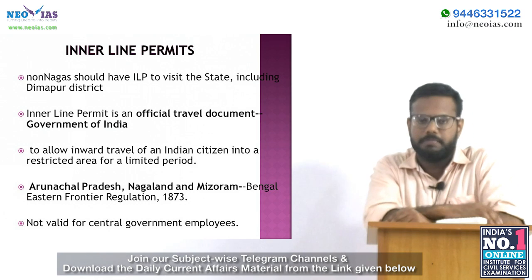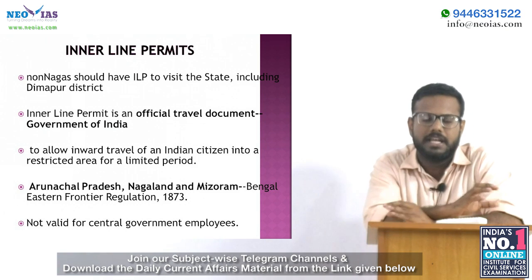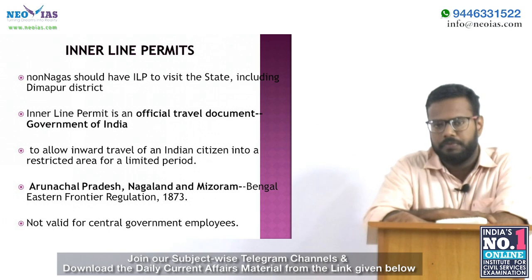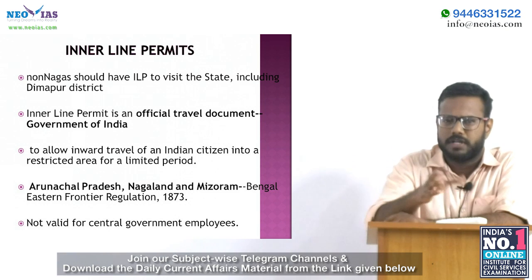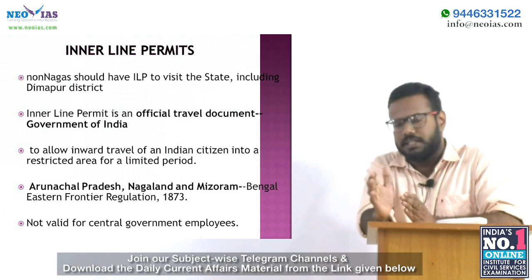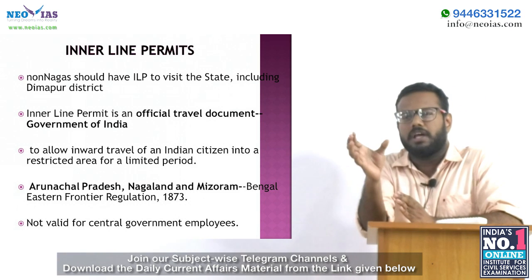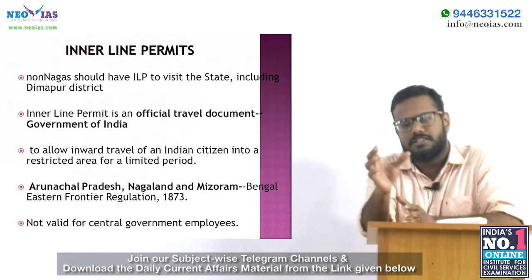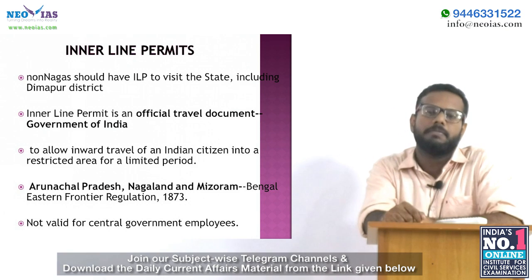So, what about the Inner Line Permit? It is an official travel document issued by the government of India, for example, like a visa. If an Indian citizen wants to enter some protected or restricted areas or states, he has to possess an Inner Line Permit, or ILP in short.